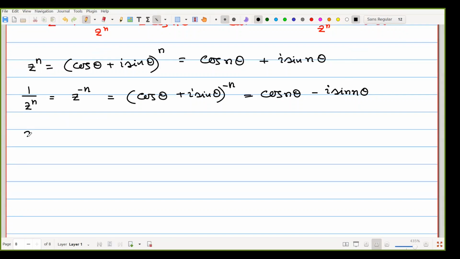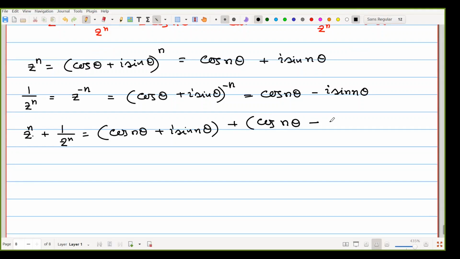Now find z to the power n plus 1 by z to the power n. Just add those: cos n theta plus i sin n theta plus cos n theta minus i sin n theta. The sine terms cancel, so the result is 2 cos n theta.